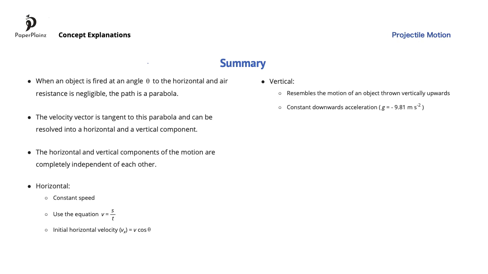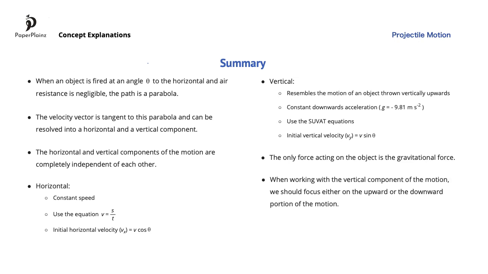Because of this constant or uniform acceleration, we can use the Suvat equations when working with the vertical component, and again using vector resolution, we can find the vertical component of the velocity, Vy, which is equal to v sine theta. We also deduced that the only force acting on the object is the gravitational force, and through an example, we saw two more key points about projectile motion.